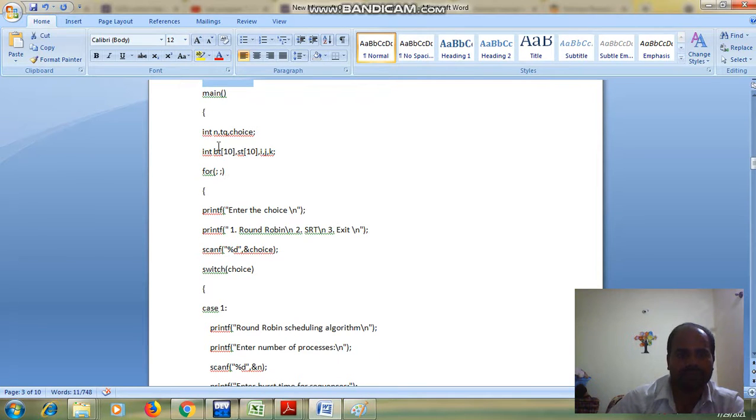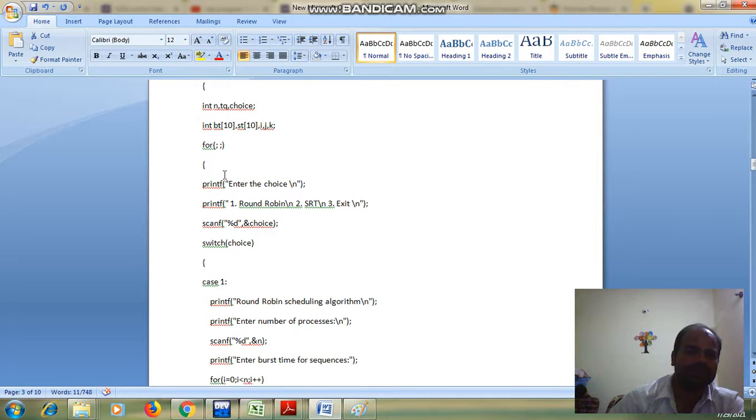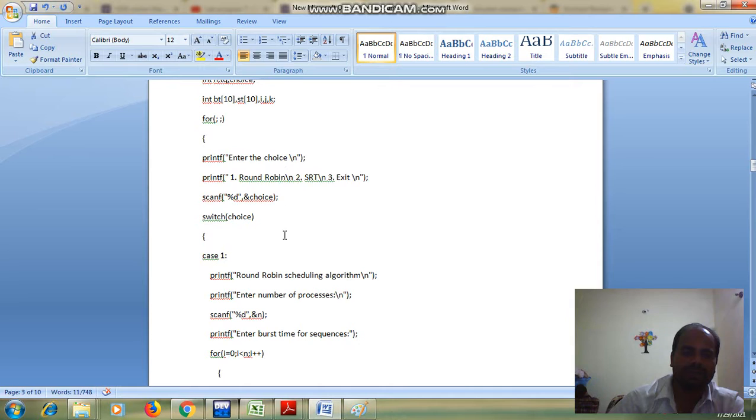In the main function we will define some variables which we will use in our program. Here integer n, tq, and choice. Then an integer first time array, and service time of size 10, and i, j, k. Now for an infinite loop, this loop will run until an exit or break is encountered.